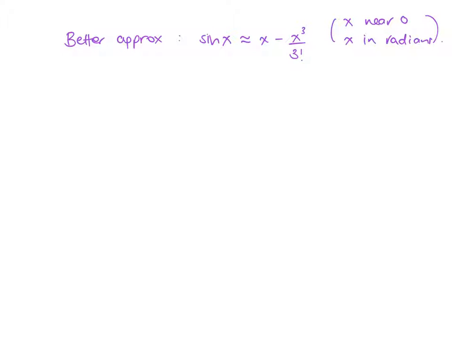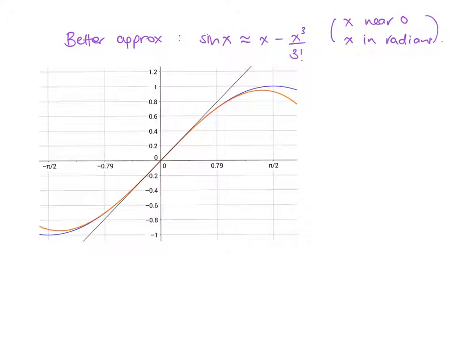Let's have a look at a picture of what this means. So over here in blue I've got my line y equals sine of x, and in black I've got the line y equals x, which was our first approximation, and then in red I've plotted our new approximation, which is y equal to x minus x cubed over 3 factorial.